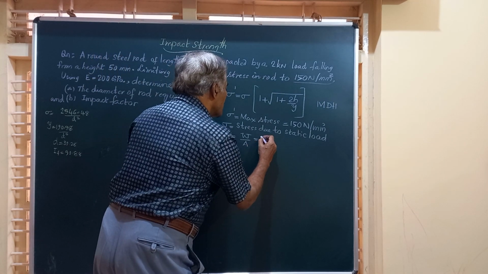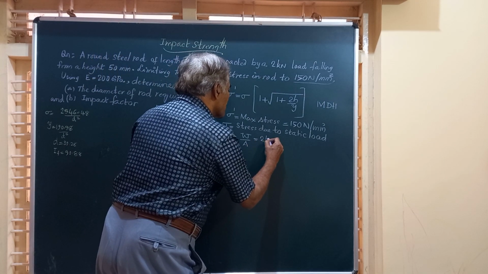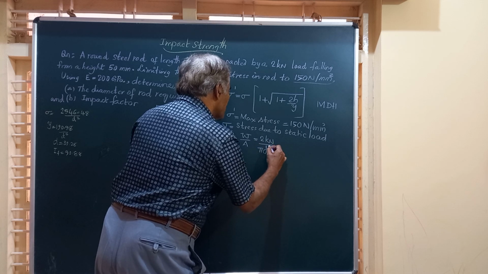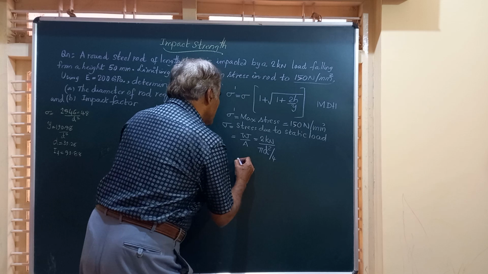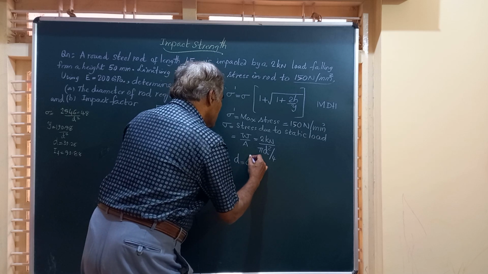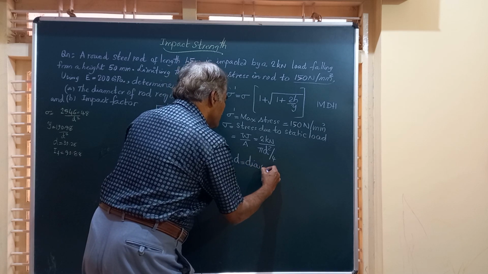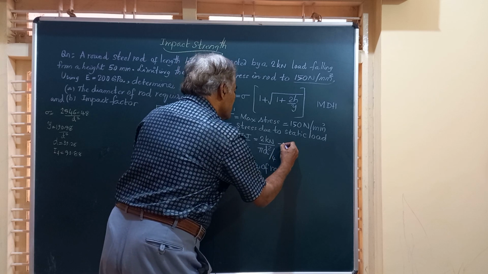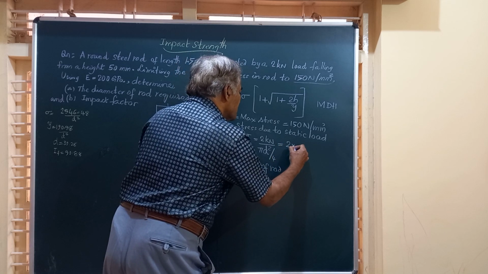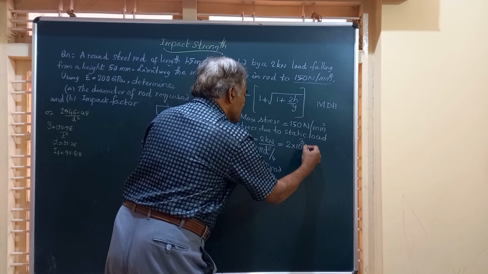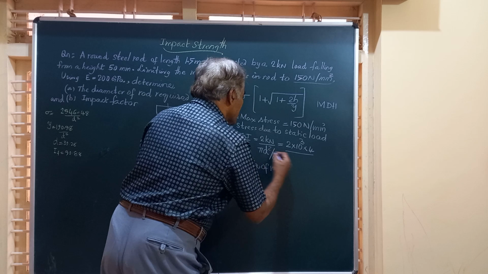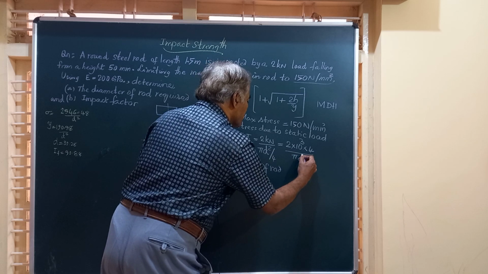The load is 2 kilonewton and the area is pi d square by 4, where d is the diameter of rod, which is not known to us. So friends, if you simplify, it will be 2 into 10 to the power of 3 Newton. I will take 4 to the numerator divided by pi d square.